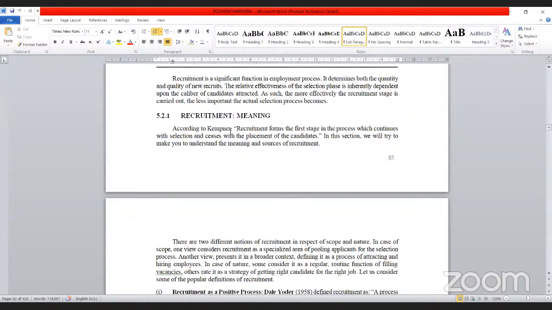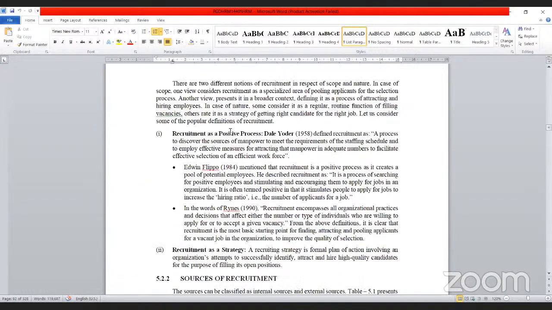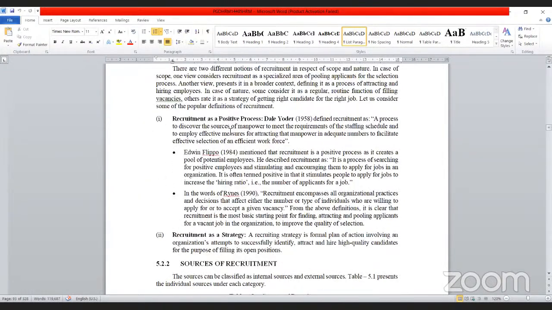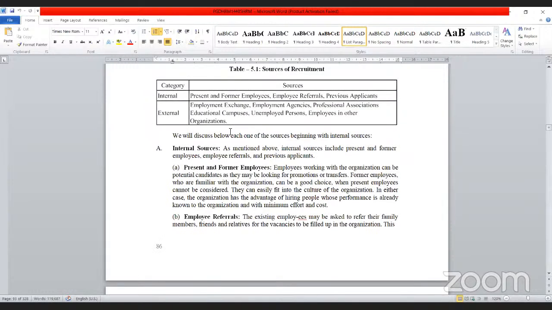The recruitment stage is carried out before the selection process, which continues with the placement of the candidates. It is basically the process of sourcing the requirements of the staff.